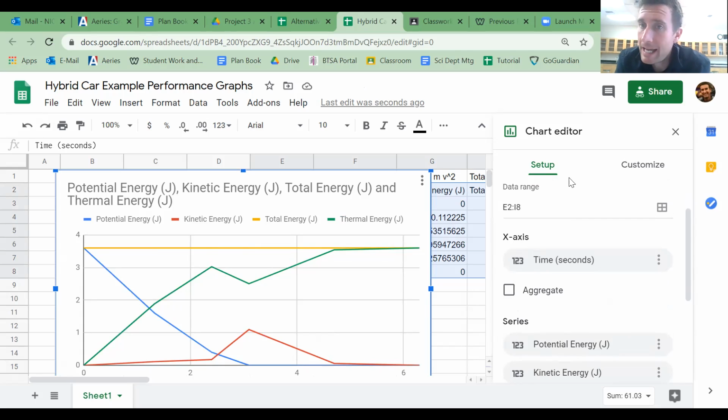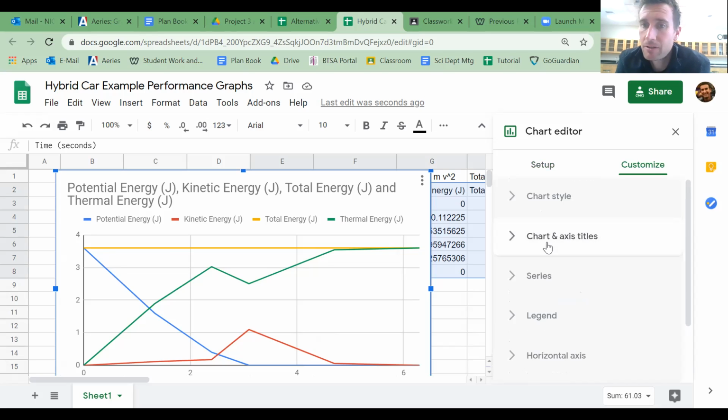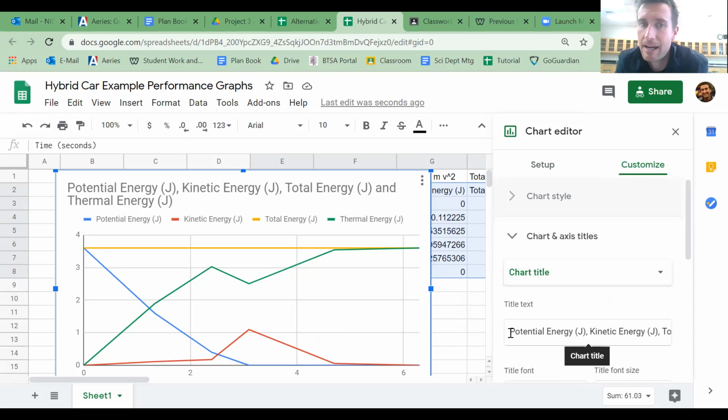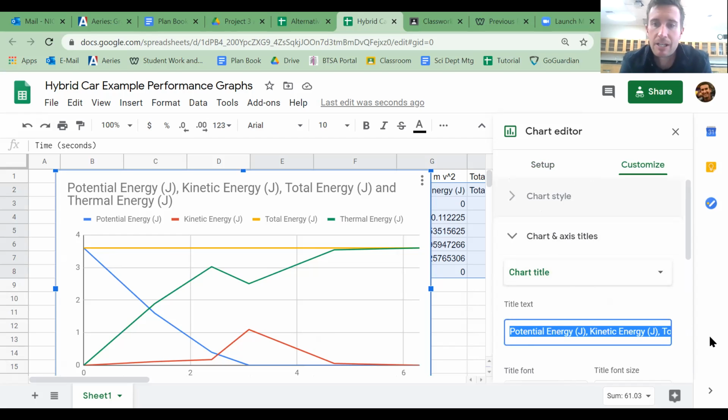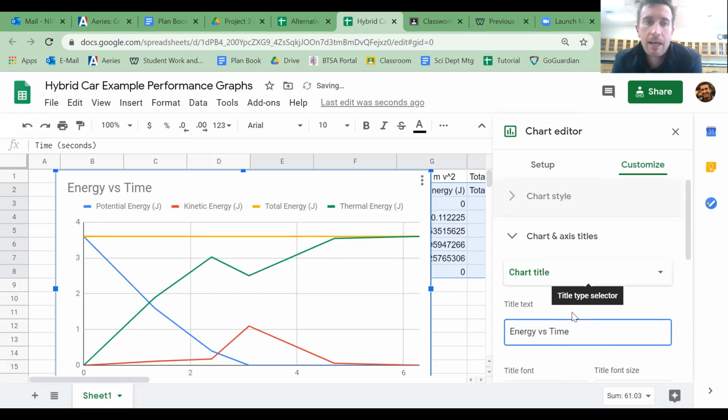However, I'm not totally happy with it. I also want to customize it just a little bit and change some of the titles. So in here, the chart title right now, I'm just going to call this energy versus time for my car. And then I've got the key there, which is nice.